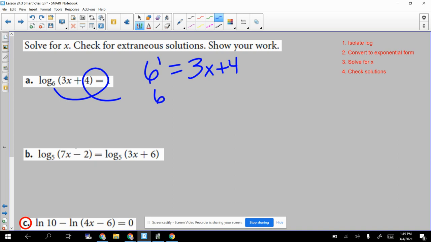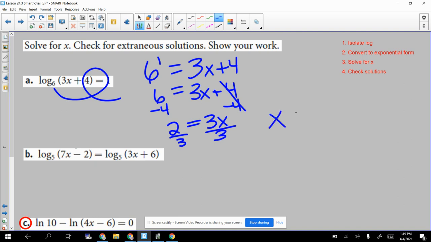So 6 equals 3x plus 4. You would have to subtract your 4 over. And you would get 2 equals 3x, and then you have to divide by the 3. And you get x equals 2/3.